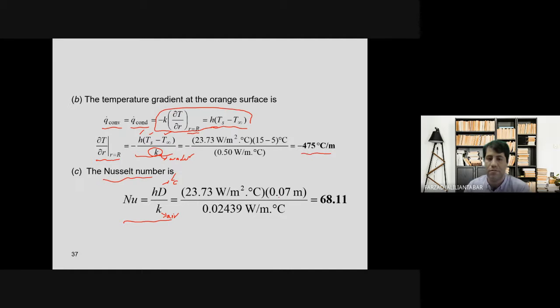D is, it was mentioned, characteristic length, 0.07 meters, divided by K of the air at 10 degrees Celsius. Then we can calculate Nusselt number, which is equal to 68.11, dimensionless. So this is the answer for part C of this question.